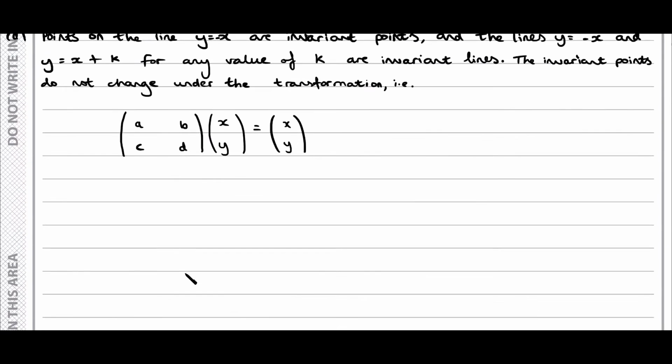So we have our matrix -√3/2, 1/2, 1/2, and √3/2, and we've got this point (1, k). When we apply this transformation, the point does not change, so we'll still end up with (1, k).